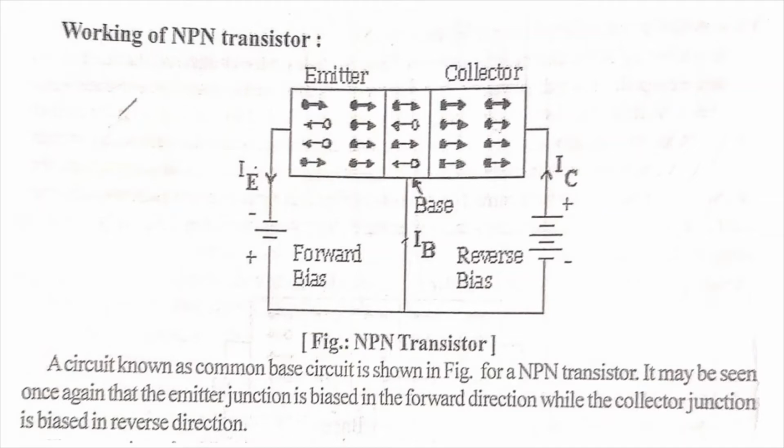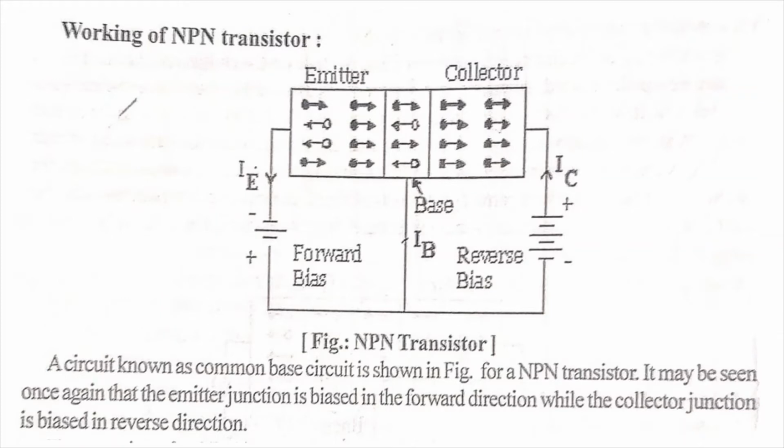Since the P region, that is the base, is only lightly doped and very thin, see in the figure, this base is a P-type and a very lightly doped thin layer.